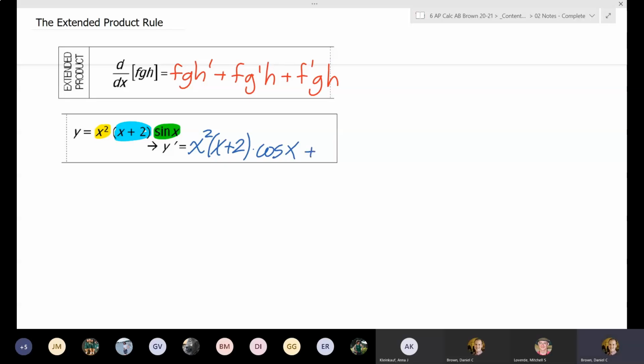And then plus x squared, now I'm taking the derivative of that middle piece. The derivative of x plus 2, well, the derivative of x is just 1, 2 is a constant, so it goes to 0. And then I want to take the derivative of that front piece. The derivative of x squared is 2x, and then I can leave everything else the same.